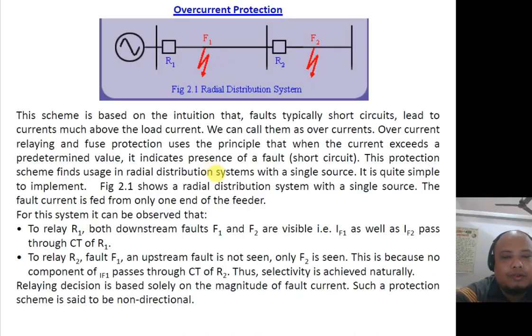Overcurrent protection, as we know, is for protecting a device or any section of the power system from overcurrent. Okay, so here a radial distribution system has been shown from the source to the load side. For this line section, the relay is R1, and it will have an associated circuit breaker and trip circuit.